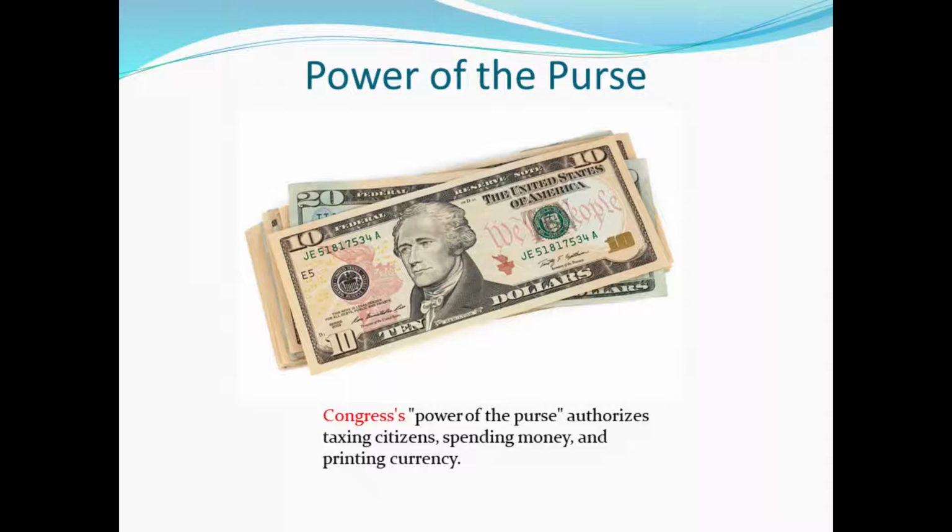Congress, or the legislative branch, is made up of senators and representatives, which are voted on by citizens. So the people who the citizens vote for are the ones who have the power to authorize taxation, money spending, and printing currency. So that's one power that the legislative branch has that judicial and executive do not.